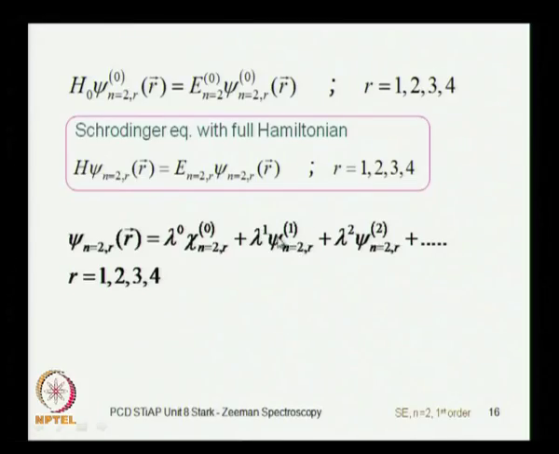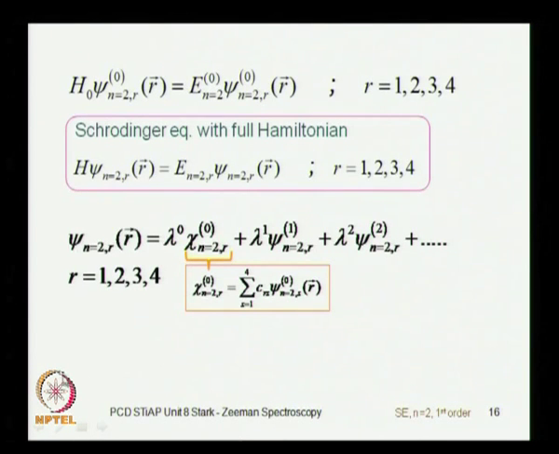Then you will have corrections in the first order, corrections in the second order, and so on, and typically lambda is a small parameter, so the series can converge, hopefully, not that it always does.